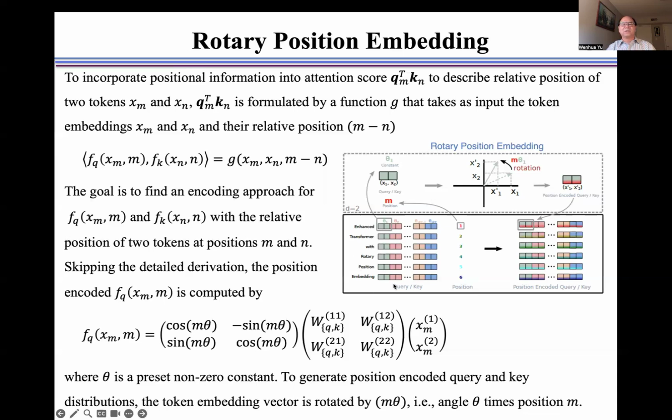This is input sequence, this is embedded Q or key distributions. This is the position information. By using rotation operation, we get the position encoded query or key as shown here.